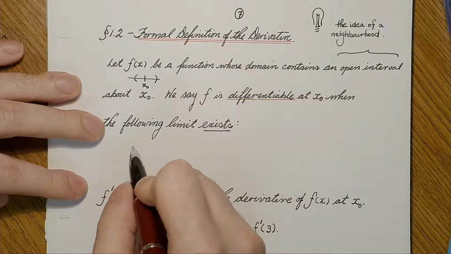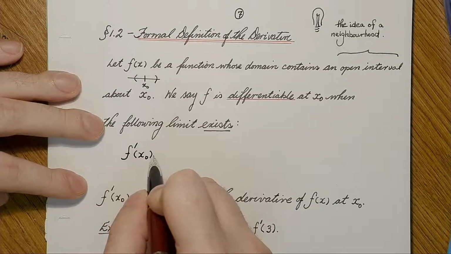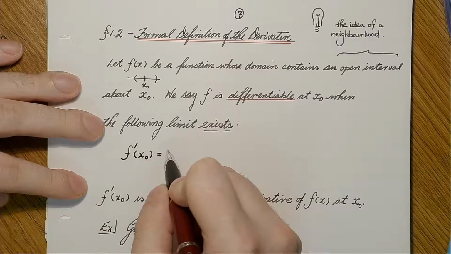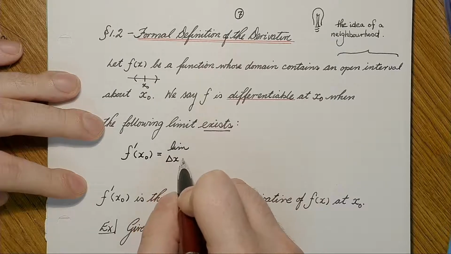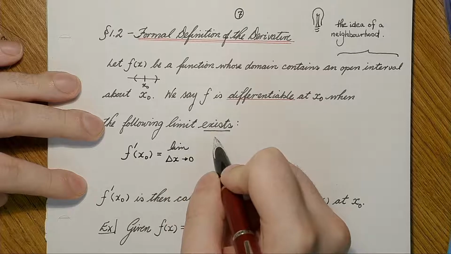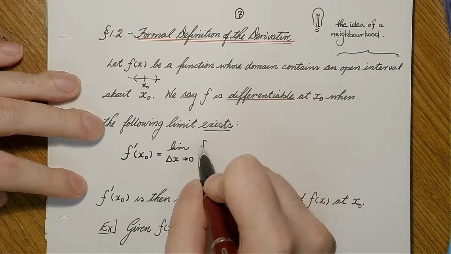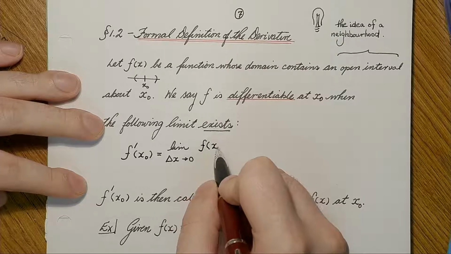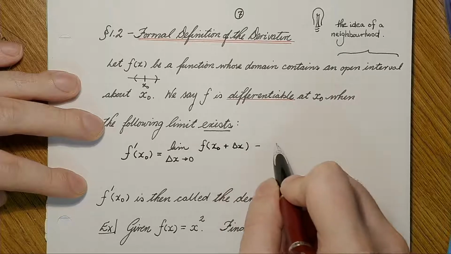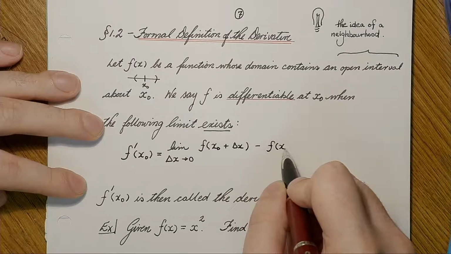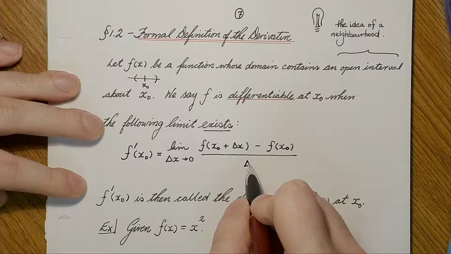So f prime of x naught is equal to, and we'd seen this before, the limit as delta x goes to 0 of the change delta y over delta x, and that expands out when we write that: f at x naught plus delta x minus f at x naught, all over delta x.